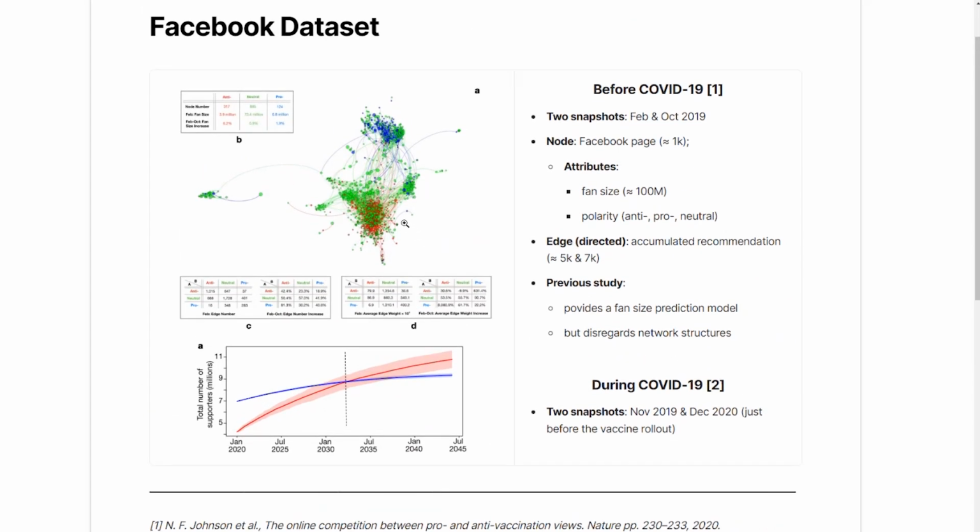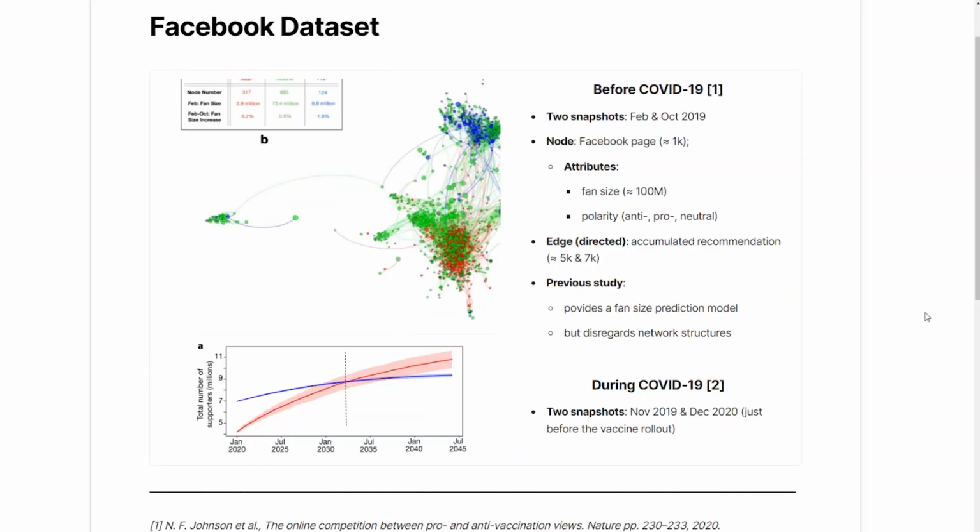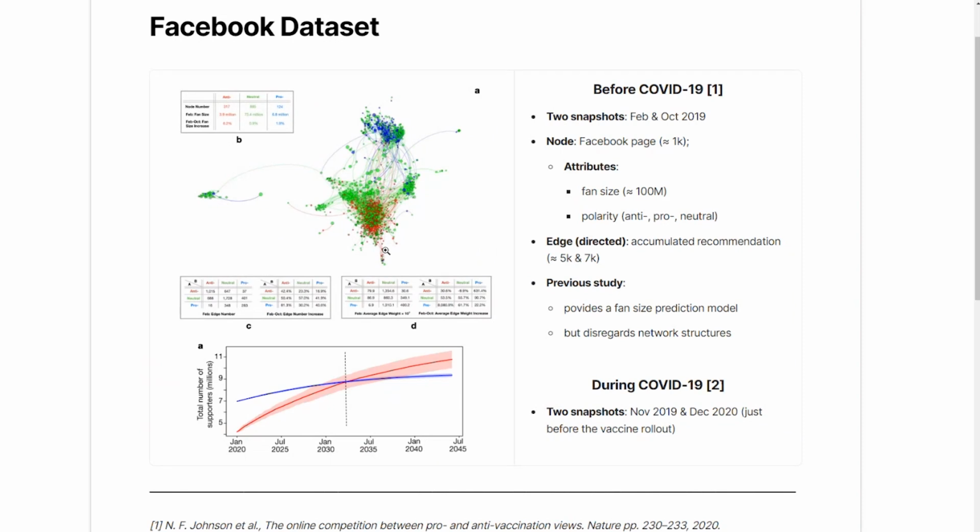It naturally comes in a network form. This is a visualization of a single snapshot. The nodes here represent Facebook pages, and the edges represent recommendations between Facebook pages. Because recommendation comes with direction, the edges come with directions. We also noted some attributes for each Facebook page: firstly the fan size, that's the number of followers of each Facebook page, and also the polarity that indicates the vaccination stance.